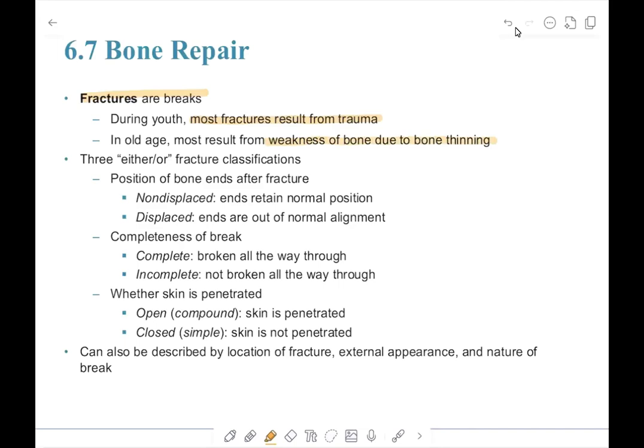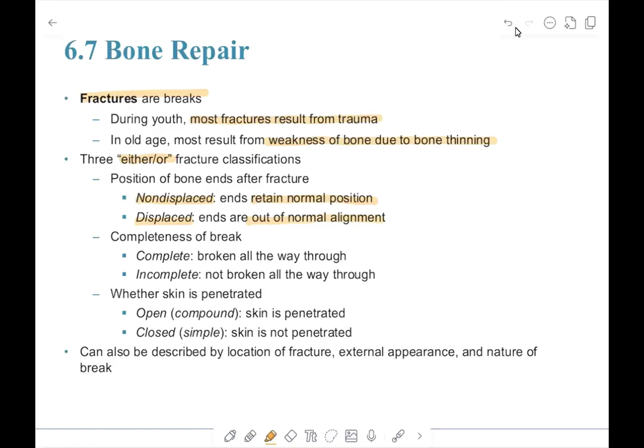So there's really three either-or fracture classifications. The first one is the position of the bone ends after a fracture. So it's either non-displaced, which means it retains a normal position, or displaced, where the bones are out of alignment.